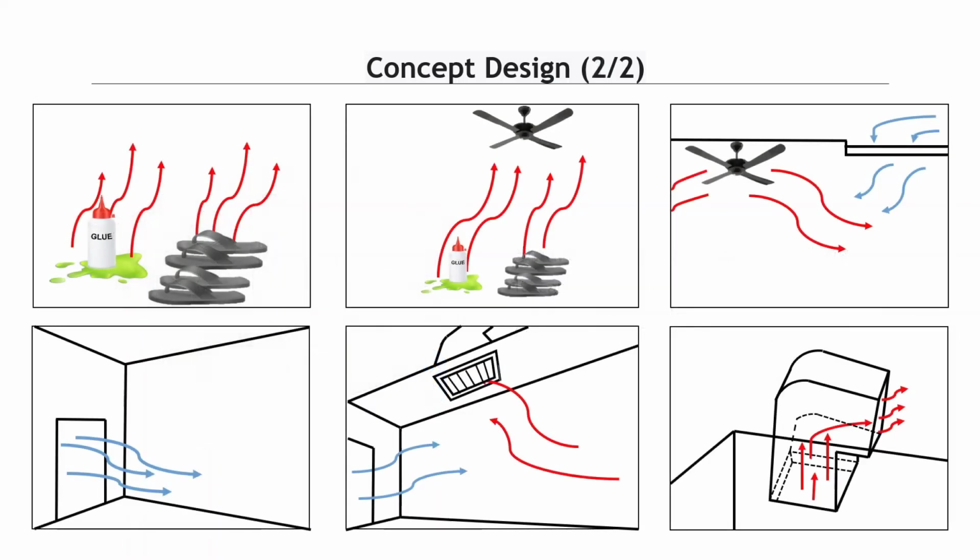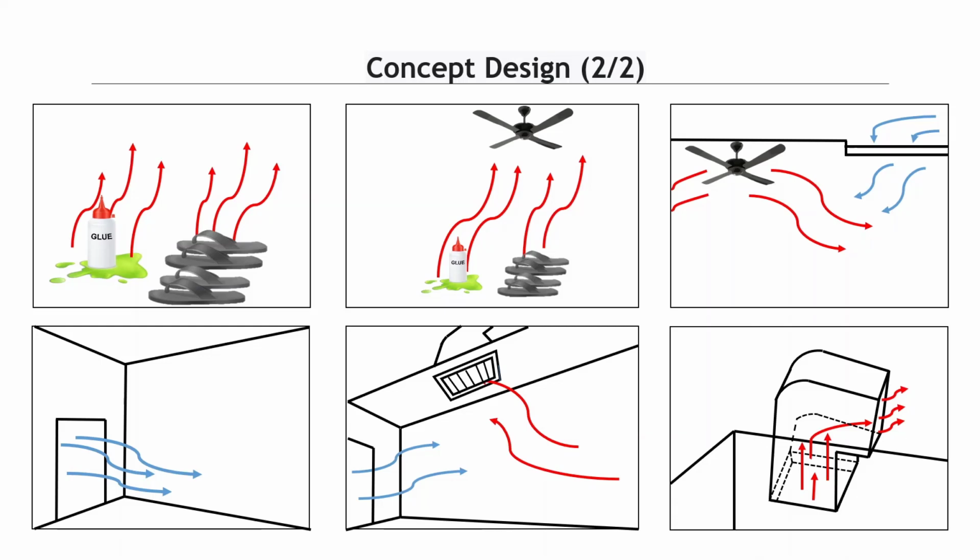Concept design 2, we also provide a storyboard of how the smell of the chemical spreads out, and how the door and the square holes in the roof are not able to make the smell go away, and that's why we make the exhaust fan.